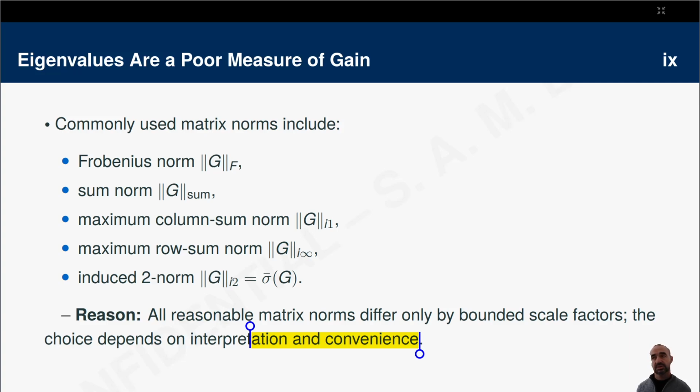Choosing a norm is like choosing units. It changes numbers, not physical conclusions. Pay very close attention to what I just said.